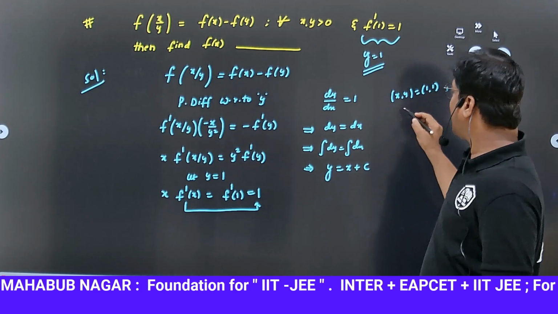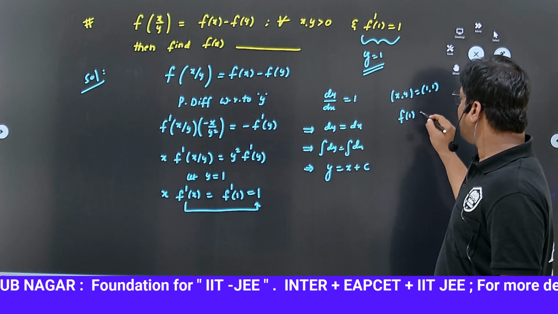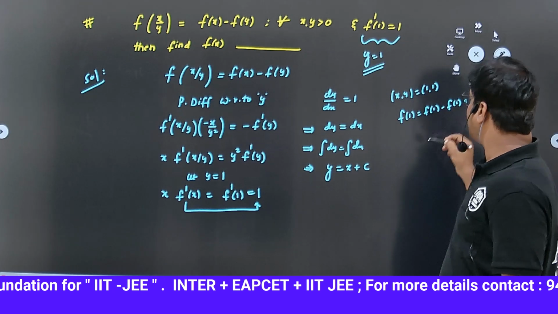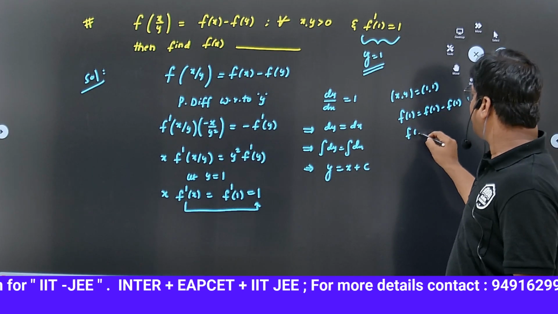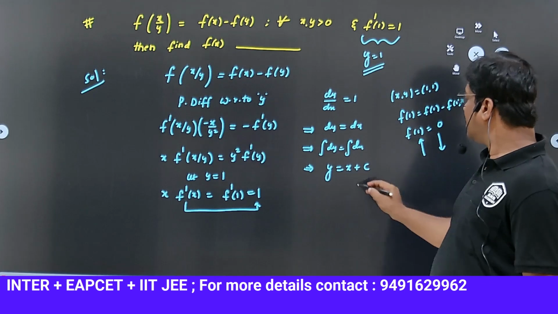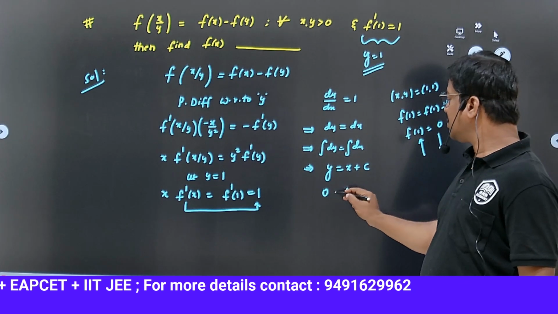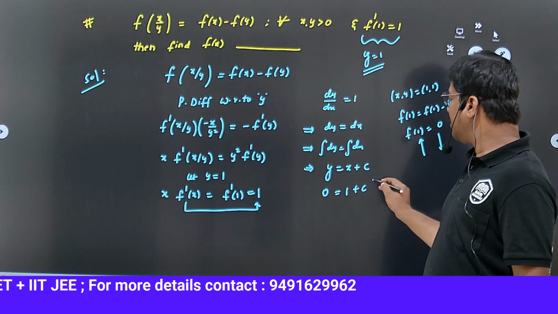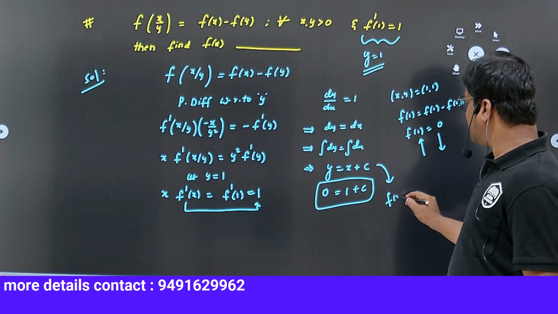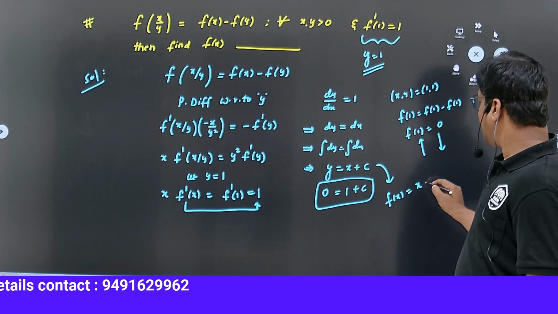Then what happens? F of 1 equal to f of 1 minus f of 1. F of 1 becomes 0. When you give input 1, output 0. So what is the value of c? c is minus 1. And hence the function f of x becomes x minus 1.